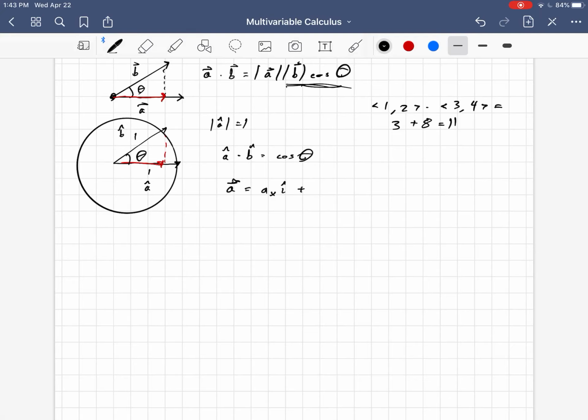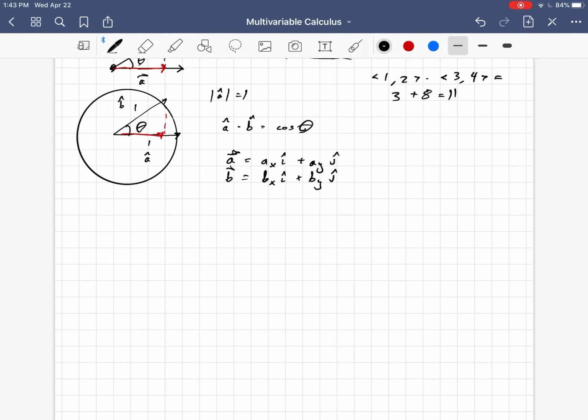And let me just show you that it is. If I have any old vector A, I can always break it down into its components. So let's call this a sub x times i hat, with a sub x being the component of A in the x direction, plus a sub y j hat. And likewise for vector B, we'll call it b sub x i hat plus b sub y j hat.